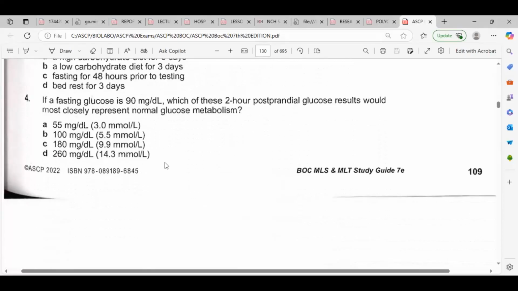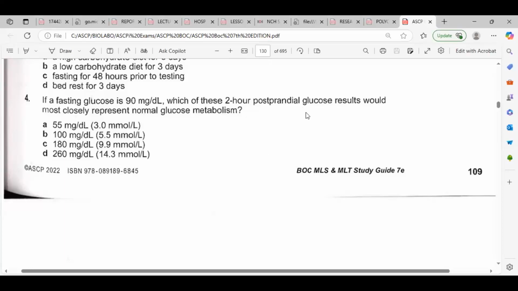Let's go to question number 4. Question number 4 is saying, if fasting glucose is 90, which of these two postprandial glucose results would most closely represent normal glucose metabolism? You remember what is called postprandial?